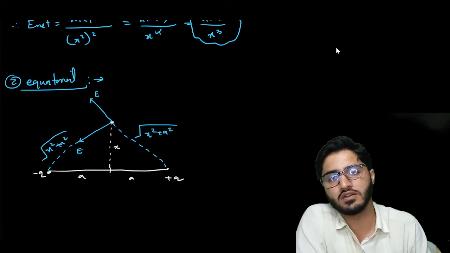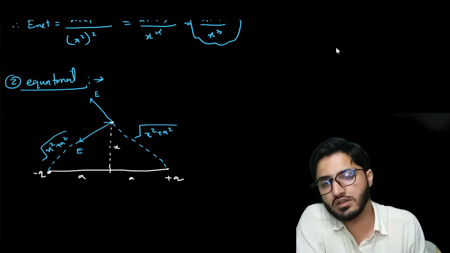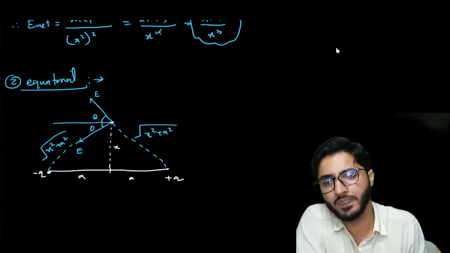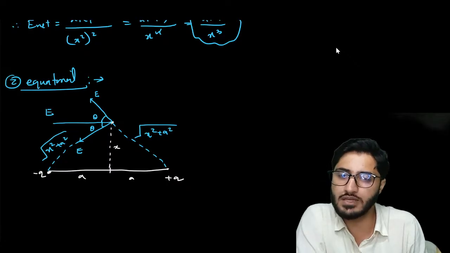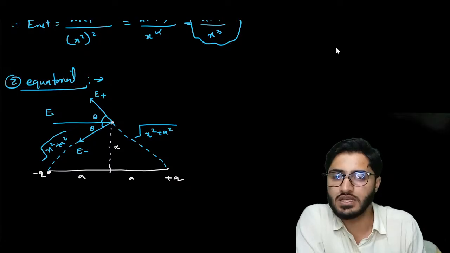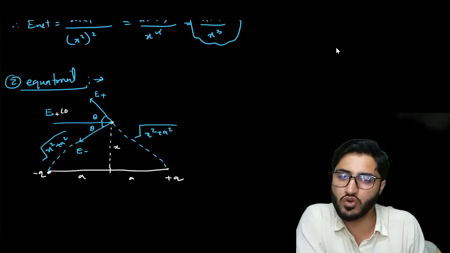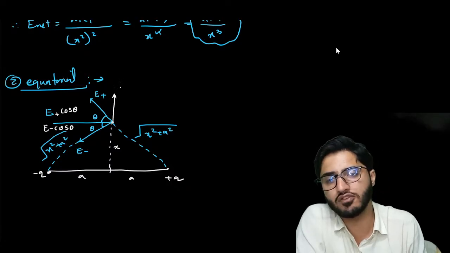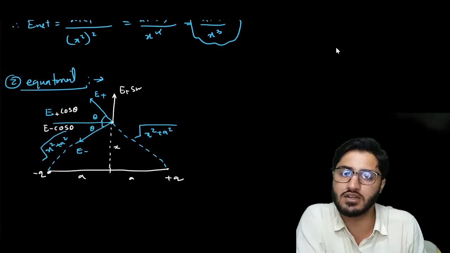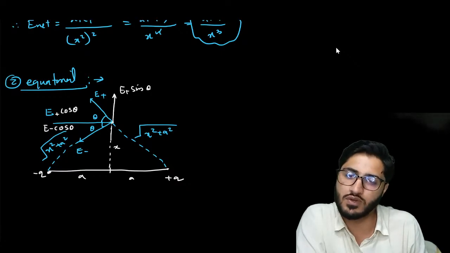So look here, angle theta. E positive and E negative. I will write E positive cos theta and E negative cos theta. One more component here: E positive sin theta and E negative sin theta.